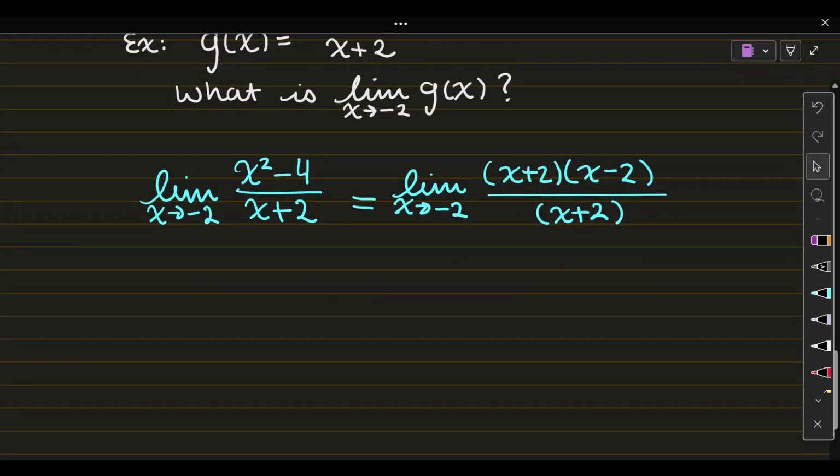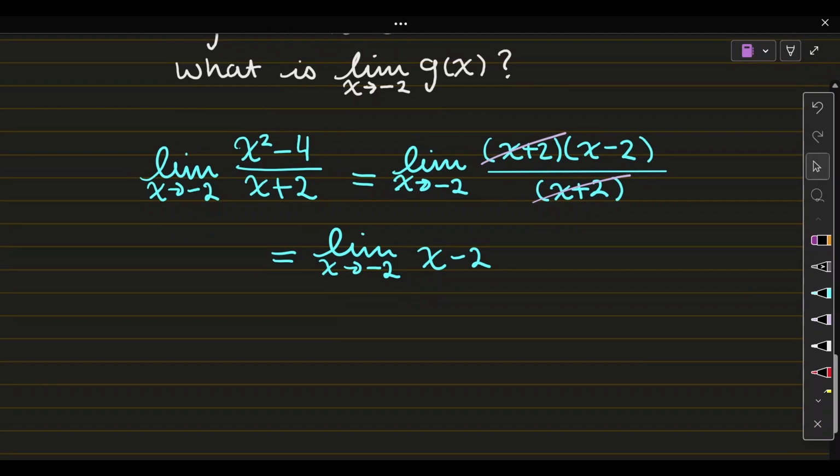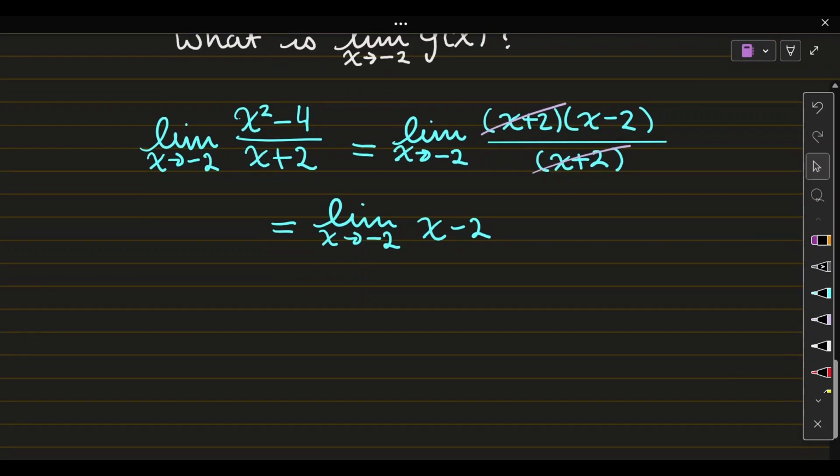So now I have two factors that can cancel. I can cancel out that x plus 2 with that x plus 2. And what that leaves me with is the limit as x goes to negative 2 of x minus 2, which is perfectly fine. I can go ahead and plug things in now. There's no problems. I don't get a 0 over 0. And this will just leave me with negative 2 minus 2, which gives me negative 4.